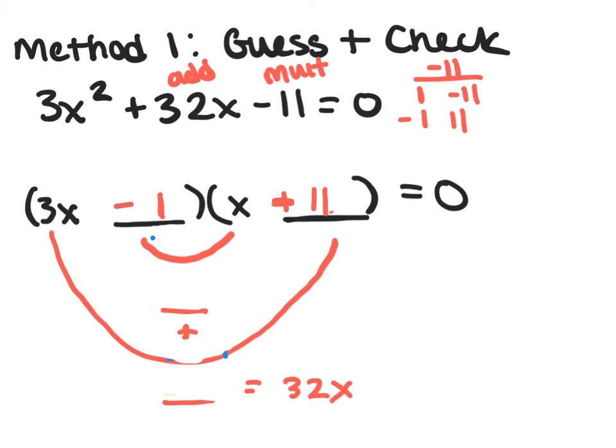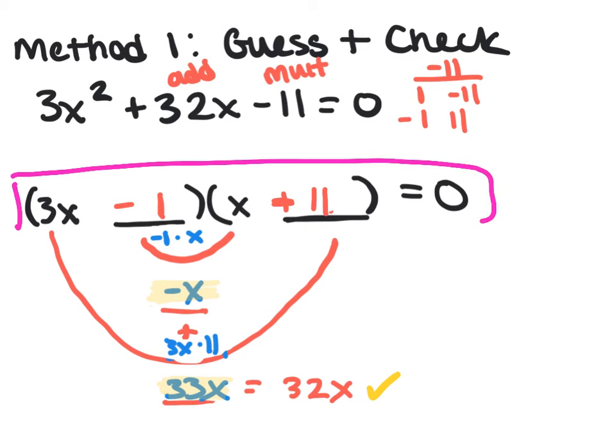If I multiply, negative 1 times x gives me negative x, and 3x times 11 gives you 33x. And when you add the negative x and the 33x, will give you 32x. So we know that these are the factors.